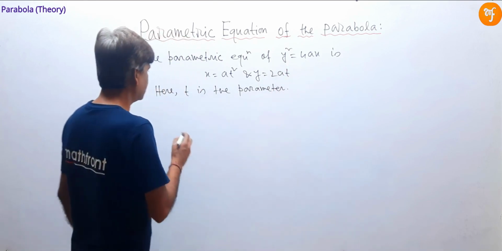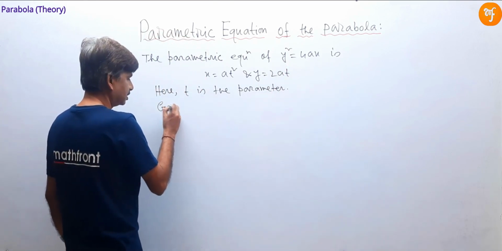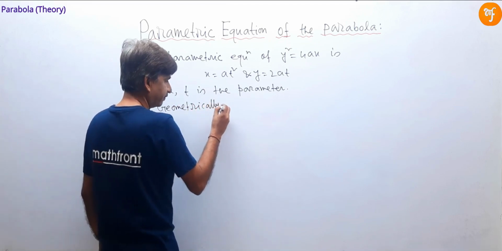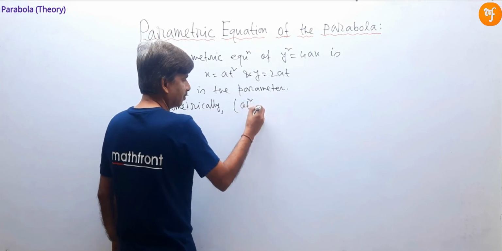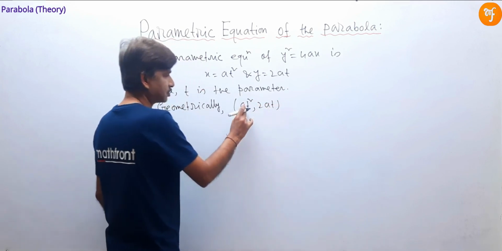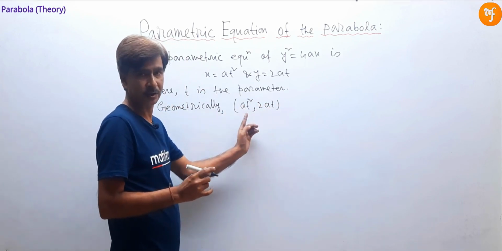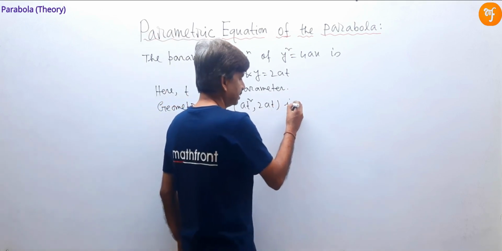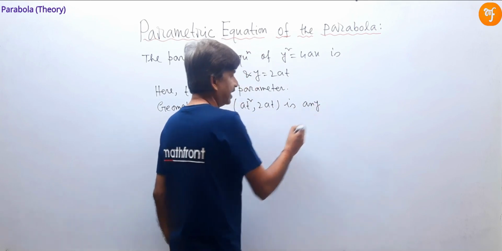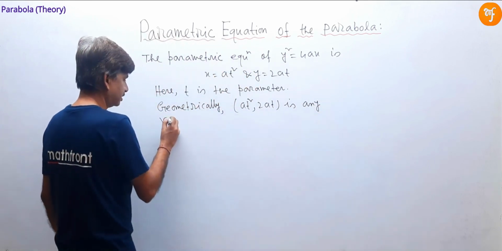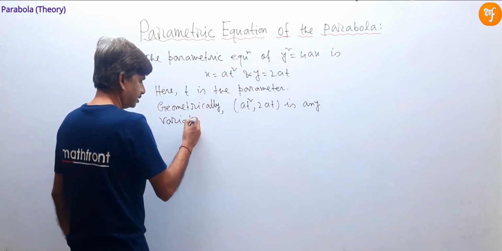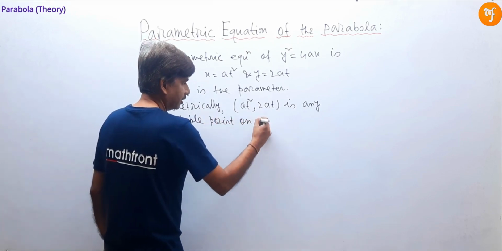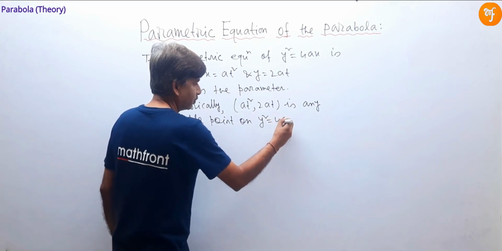So that is why geometrically we can say at square comma 2at, that is x is equal to at square, y is equal to 2at. So x comma y, meaning at square comma 2at, is any variable point on the parabola y square is equal to 4ax.